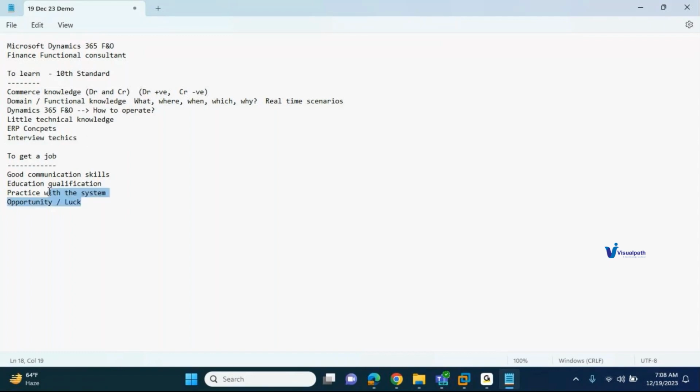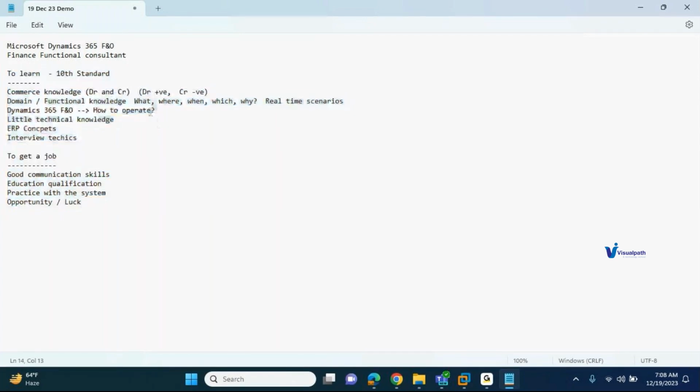These skills are not in my scope. These skills are in my scope. I'm going to make sure you learn all these things, and it is in our hands altogether. If you want to get a job, all these skills are required.